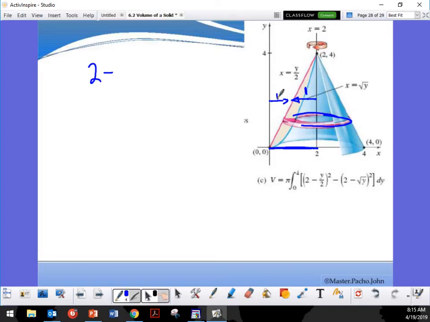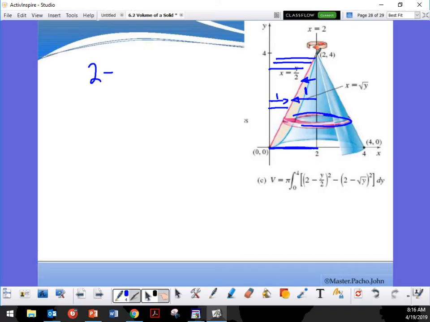So it's going to be 2 minus whatever the function is going this way. That would give me this. So 2 minus 1. As I go up, my radius keeps getting smaller, because my function keeps getting bigger, going further out for my x values. So I'm just going to keep subtracting whatever it is going this way, all the way like that. Is that better now? Okay, are we okay?